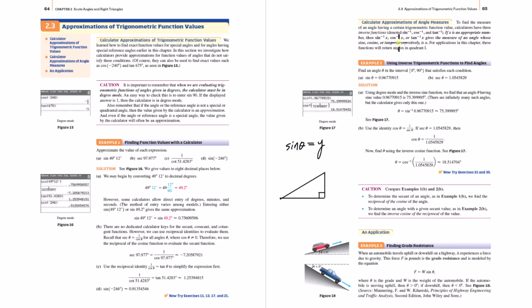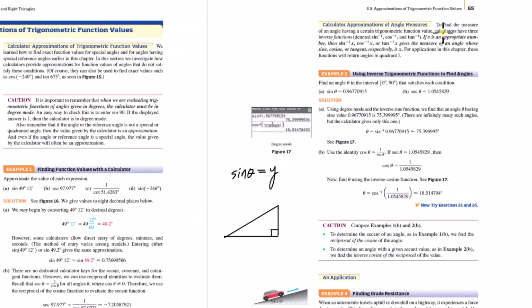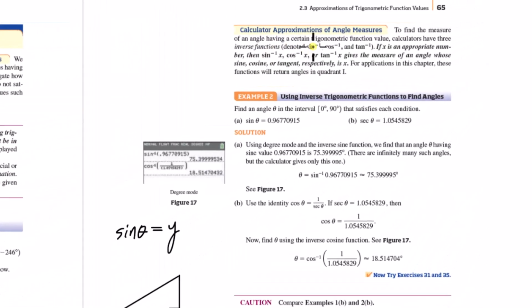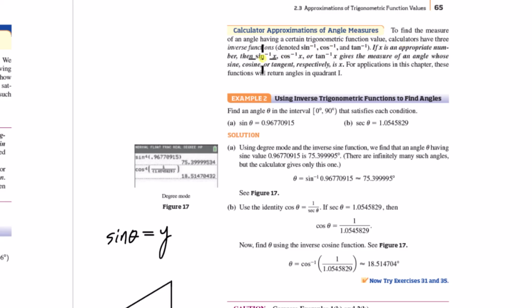We're going to talk about inverses in detail in a later chapter, but the textbook points out here that to find the measure of an angle having a certain trig function value, calculators have three inverse functions: inverse sine, inverse cosine, inverse tangent. If x is an approximate number, then the calculator just gives the measure of the angle whose sine, cosine, or tangent is that approximate value, which makes sense.